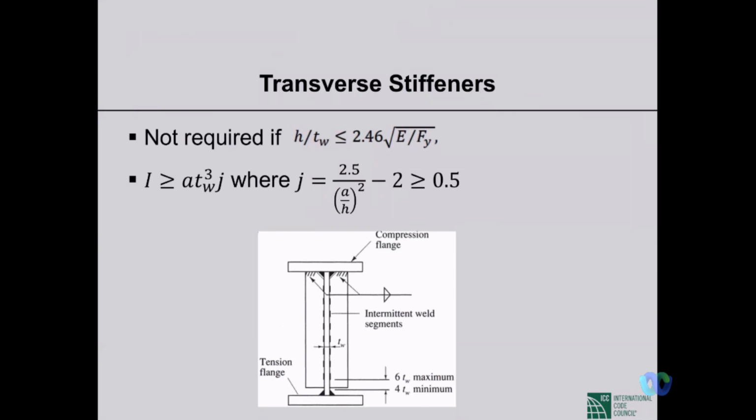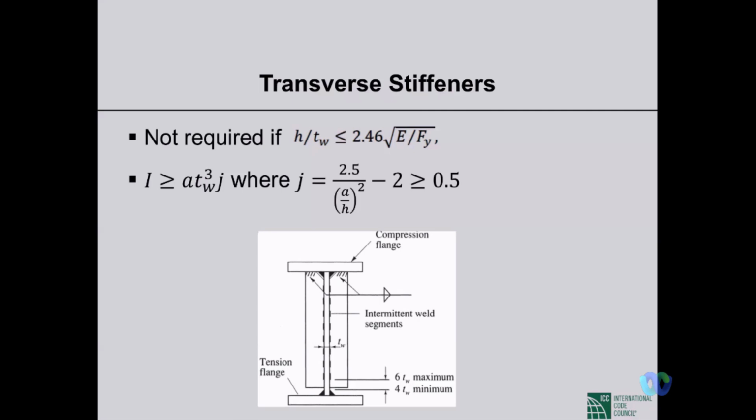So in the BNBC, there are some requirements for transverse stiffeners. If our beam section is such that the H/TW ratio, the web slenderness ratio, that is width thickness ratio, is less than this limiting factor, then we don't actually need transverse stiffeners, but we have to give transverse stiffeners at the end panels.